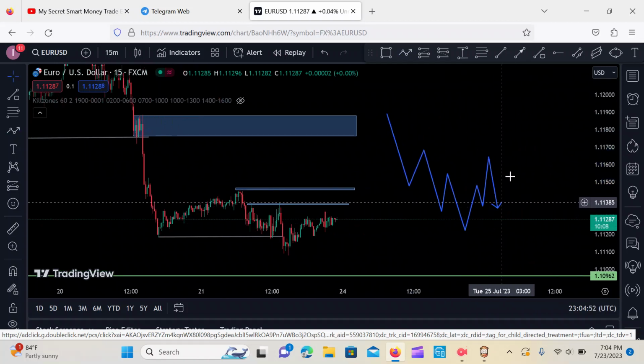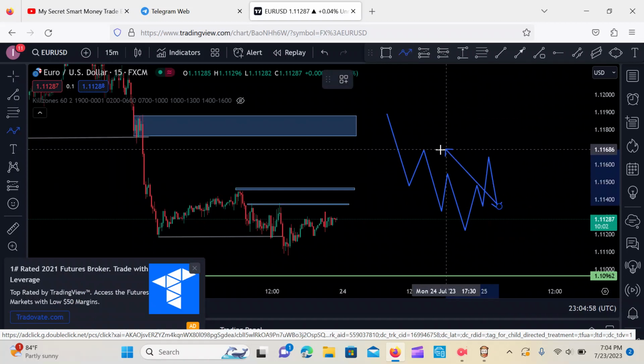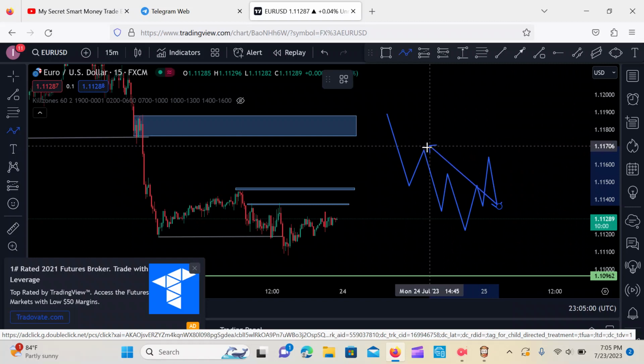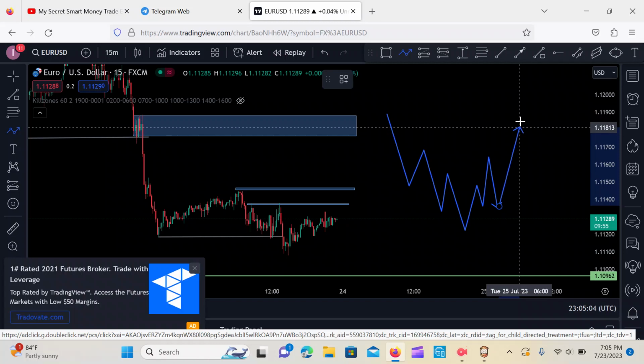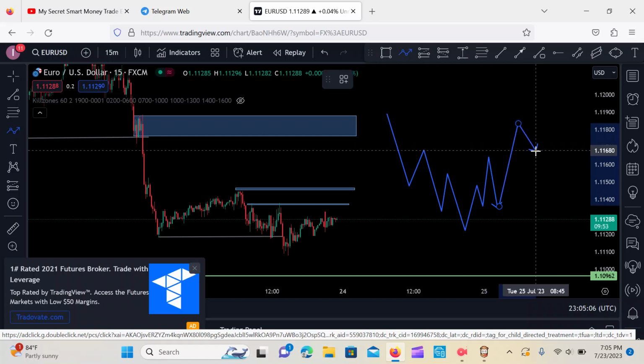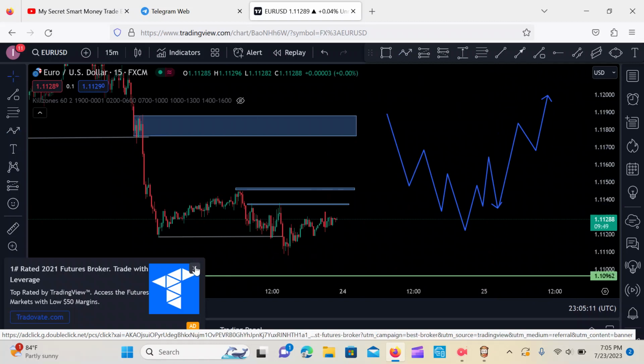If price comes back here again, then we will definitely have a push to the upside that will break this structure also to the upside, then probably make a retest back to the level, push to the upside. So this is what I'll be looking for.